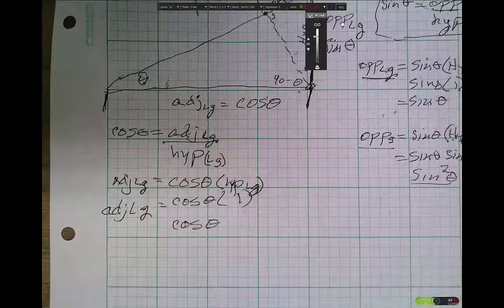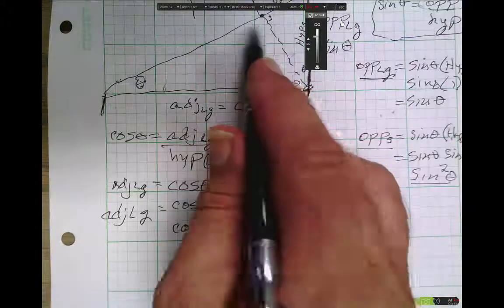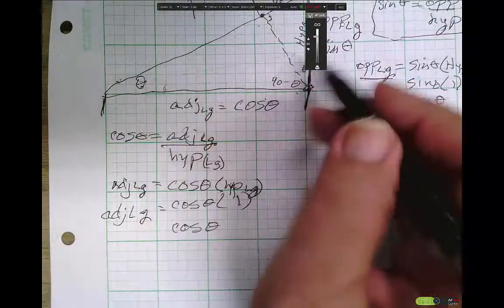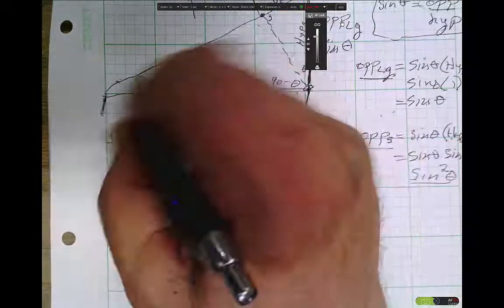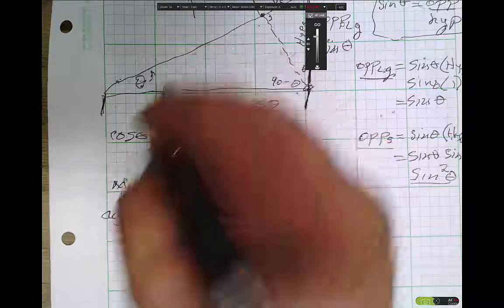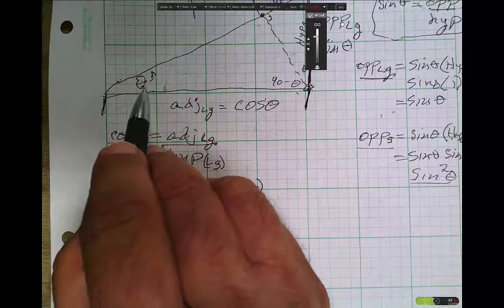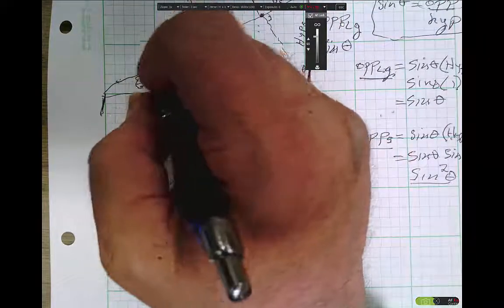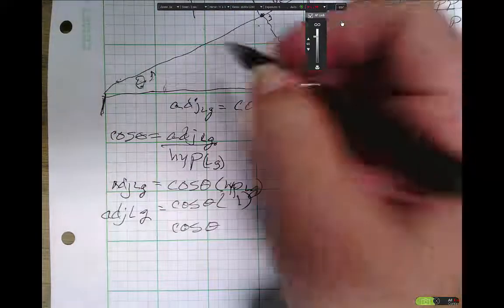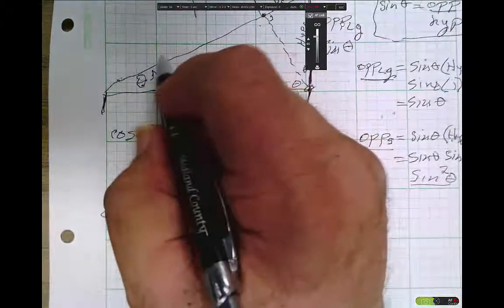Sorry. In this medium-sized triangle right here, we have a large triangle, small triangle, and a medium-sized triangle. So I'll represent that this side right here is the adjacent side to our angle in this medium-sized triangle. I'll invent a symbolic value for it.